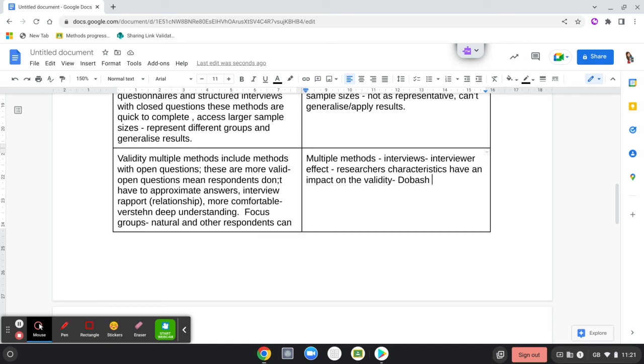So you've got Dobash there, maybe just as a reference, again, just to give you some idea about how to incorporate studies. If we use interviews, there's still going to be an issue with an interviewer effect. And there might be an issue with interpretation of the results. I might interpret it in a way that wasn't really intended.